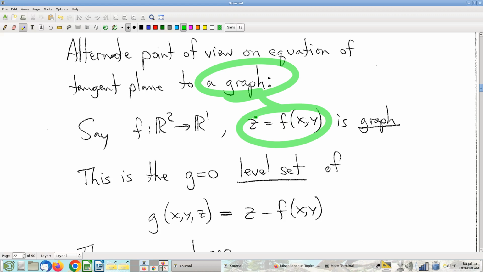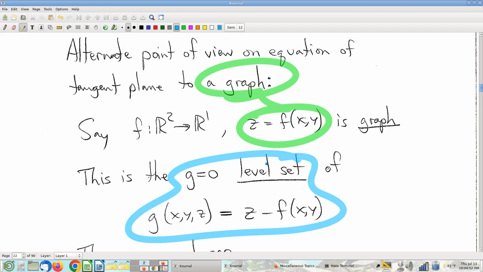Okay. Recall, some time ago, last week I think it was, we made the observation that every graph is a level set. So all I'm going to do here is just kind of move things around a little bit, right? Effectively, I'm taking this term and just moving it to the other side of the equation. That's all I'm going to do.